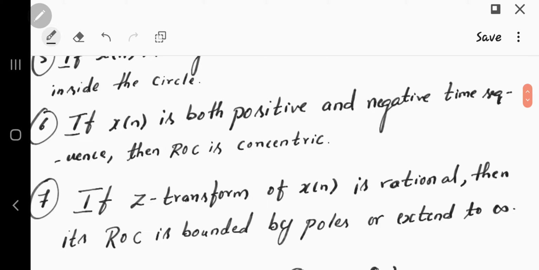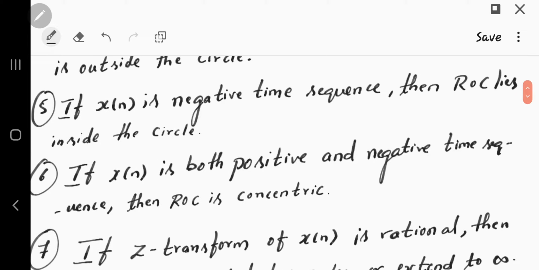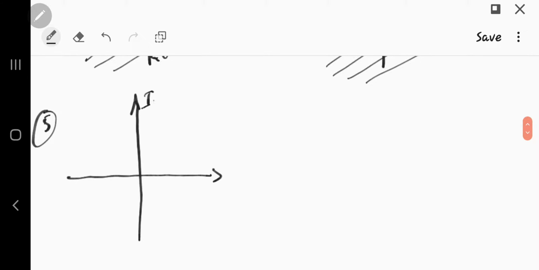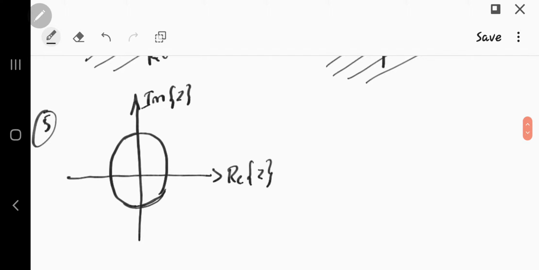Now the fifth one says if x of n is a negative time sequence, then the ROC lies inside the circle. So for the fifth property, we have a ring of radius r, and this r value depends on the signal that we have.